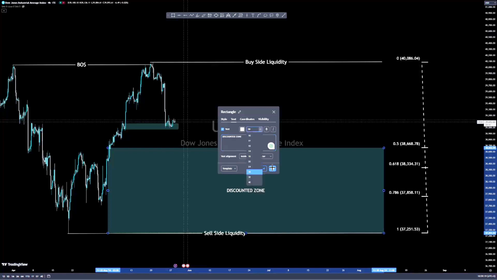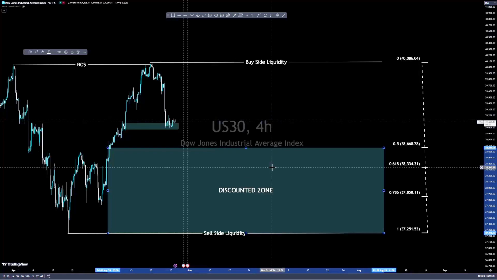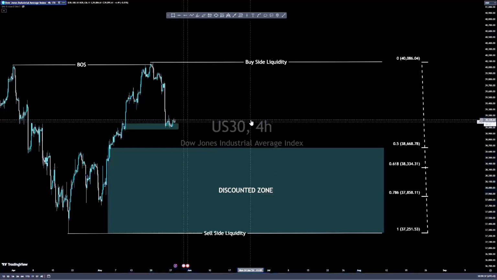So if it's a discounted zone, this is where we probably find a high probability buy zone. This is where we look for them, right?